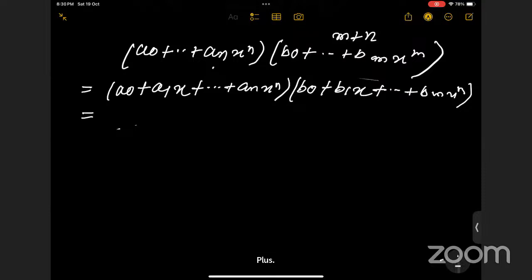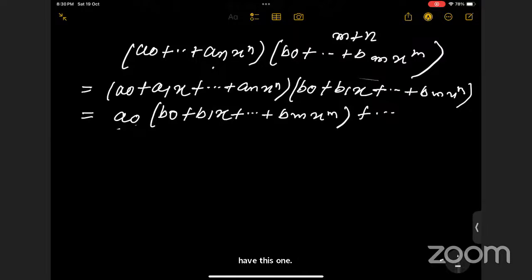Suppose we want to do the multiplication. Then all the terms will be multiplied by all the terms of Q, right? So we will have this one. Then we will multiply all the terms, and the last term we will get is this one, right?